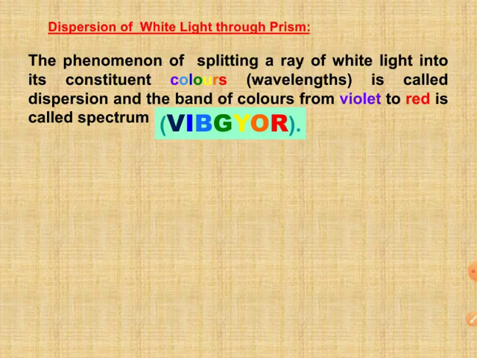If the patches of 7 colors are obtained on a screen, then the patches of colors obtained on the screen due to dispersion we call the spectrum. Got it?